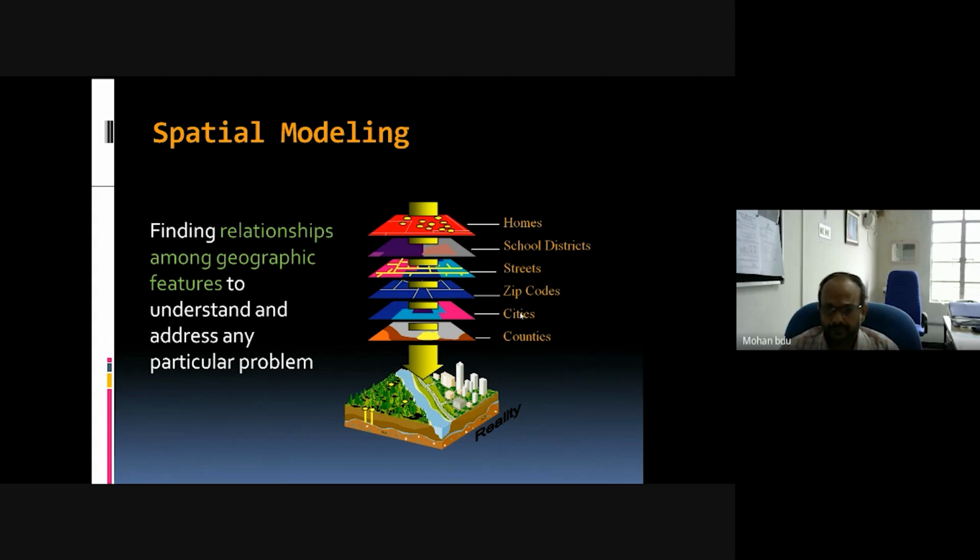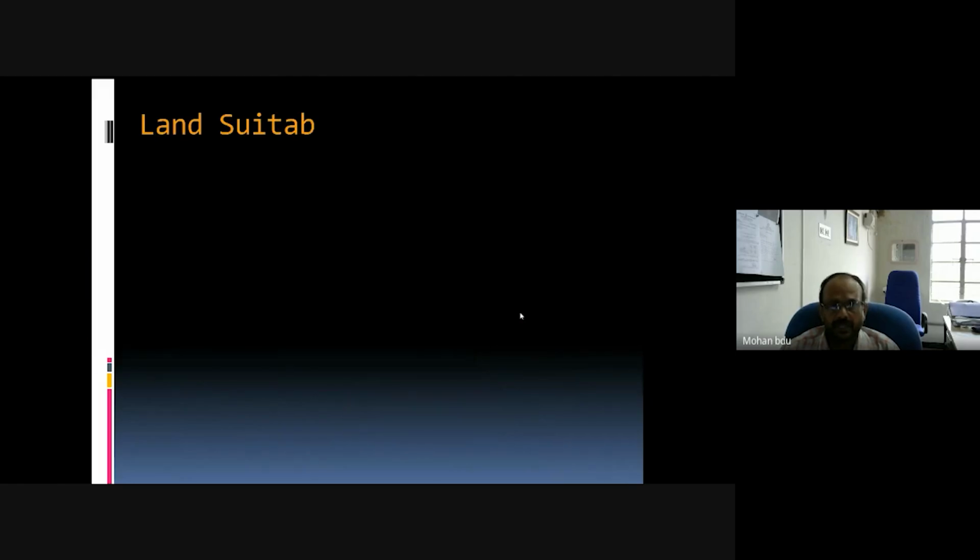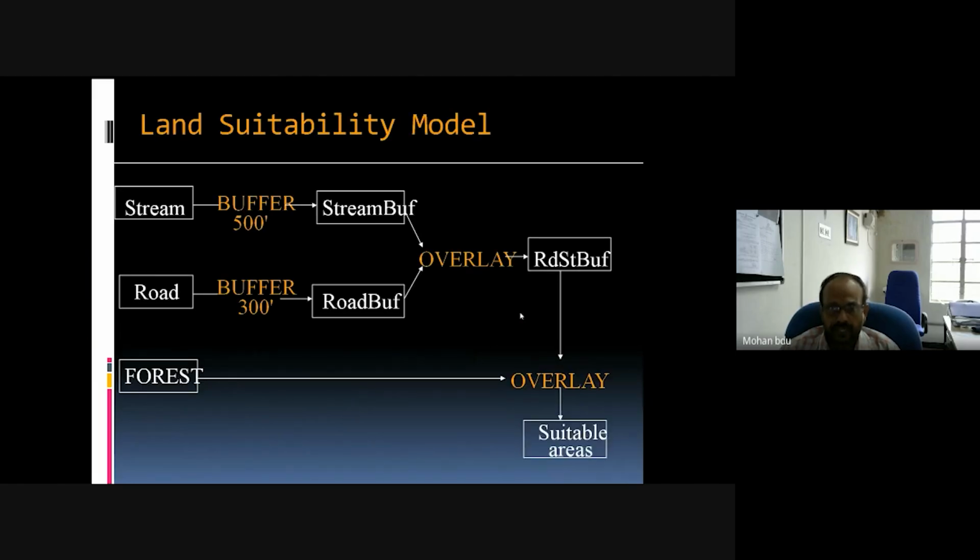And there are many models being used in spatial data analysis, and most of them are GIS based models. Here, for example, we can use the land suitability model.